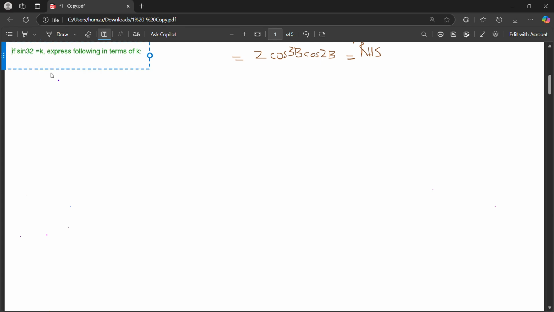So we have first cos 58 degrees, and for option B we are going to use cos 62 degrees, and then we are going to solve for it.